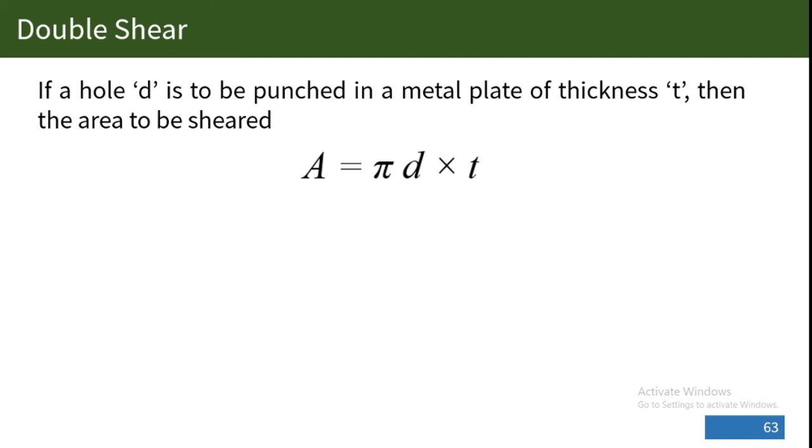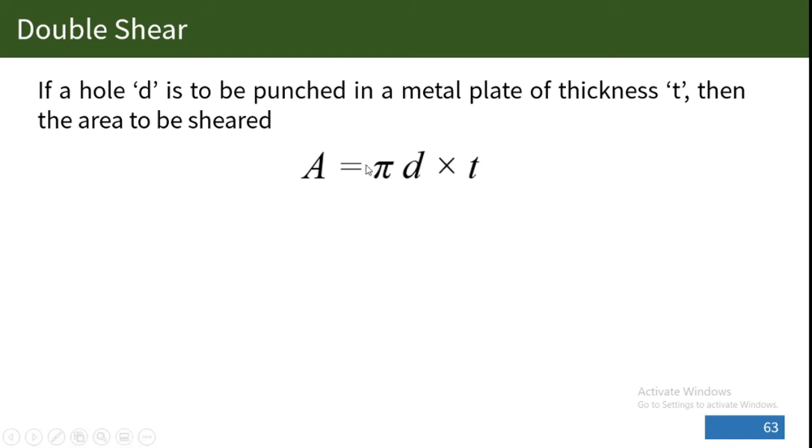So let us imagine the plate of thickness T that is being punched. The direction of the force is going down. Thus, the parallel area is equal to the area of the circumference times thickness.